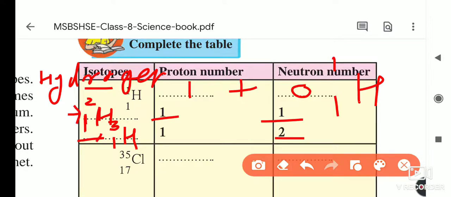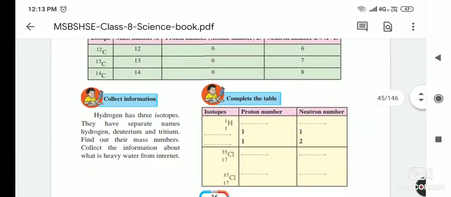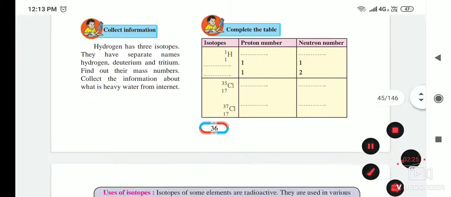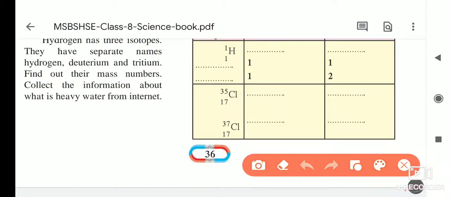So hydrogen, deuterium and tritium are the three isotopes of hydrogen. Okay, so here the names are given, and I just showed you how to write them. Hydrogen, deuterium and tritium.